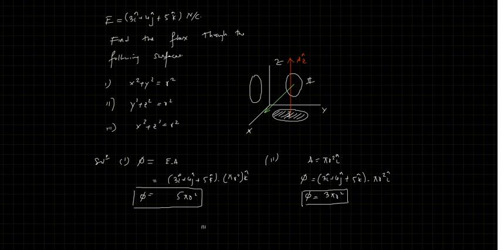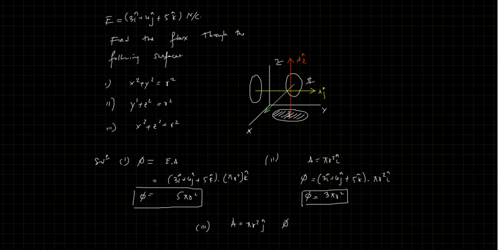Finally, the third one. For x square plus z square is equal to r square, the area vector is along the y axis. This is the normal, so the area vector is along j cap. So a equals pi r square j cap.